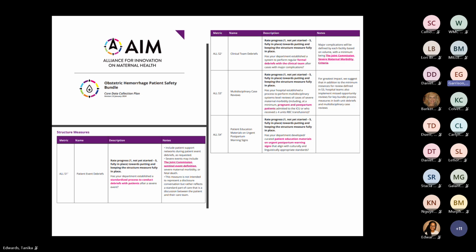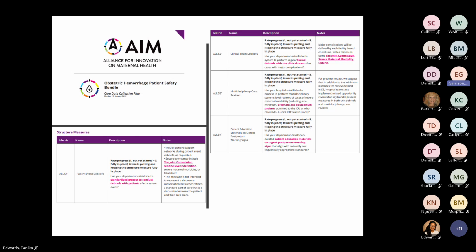The multidisciplinary case review is that secondary level of review that happens well after the event has occurred. And that is where you, again, have a multidisciplinary team review the records, review the overall patient outcome, and compare that case to others so that you can really identify opportunities for system level improvements that are going to make a difference for all of your patients with a postpartum hemorrhage.